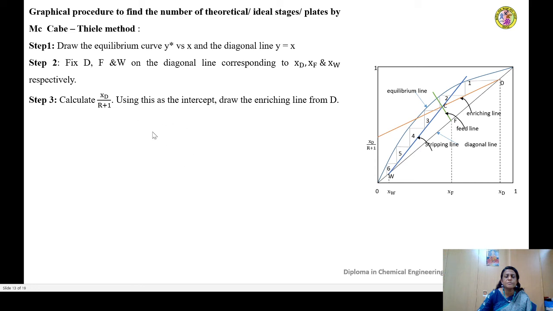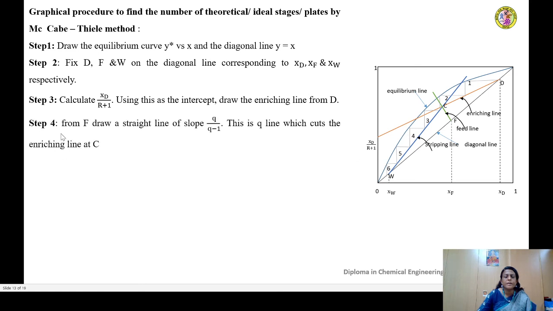Calculate XD by R plus 1, using this as the intercept. Draw the enriching line from point D. Next step, from point F, draw a straight line of slope Q by Q minus 1. This line will cut the enriching line at point C. Then join W and C to construct the stripping line.